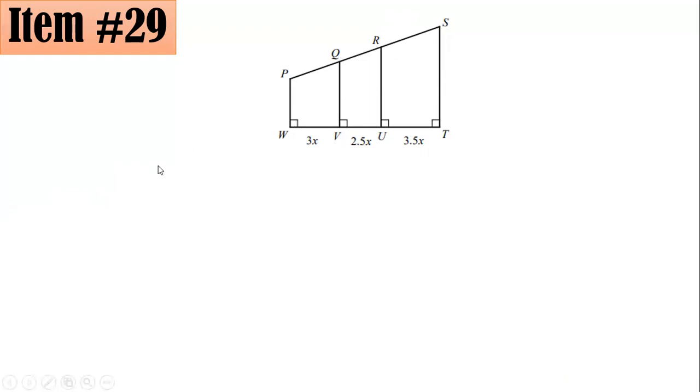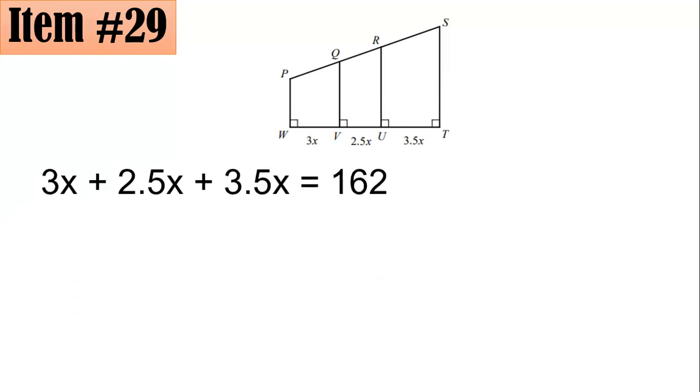That's by virtue of proportionality. With that, since PS is 162, 3x plus 2.5x plus 3.5x equals 162. You get 9x equals 162. Dividing both sides by 9 gives x equals 18.